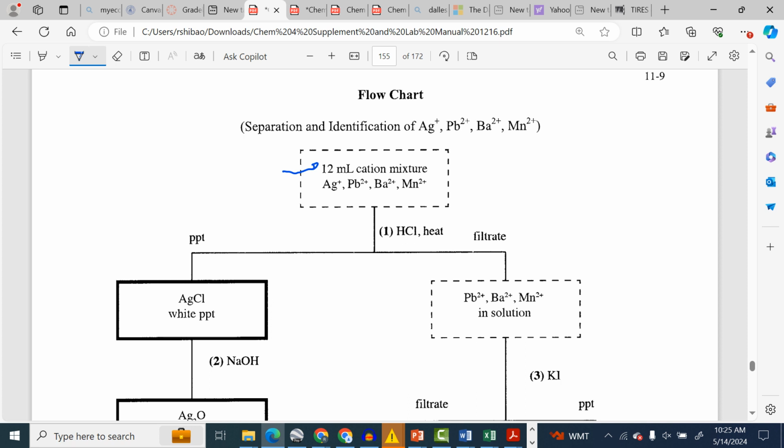You're going to get more than 12 milliliters. So measure this out, and then save the rest for the other tests, A, C, D, and E, I think.